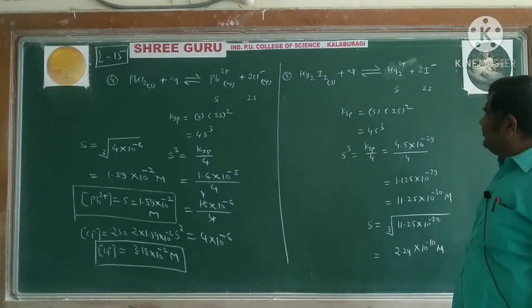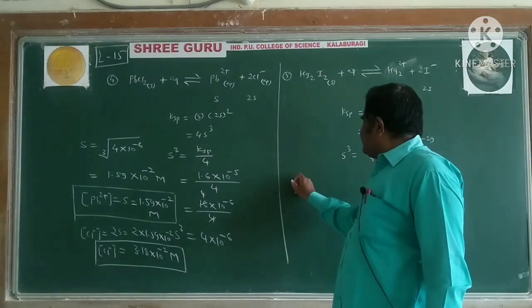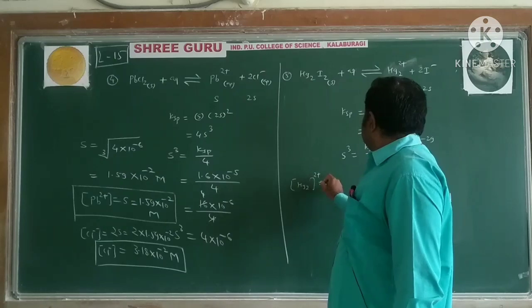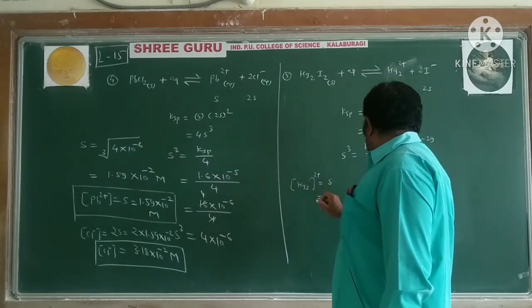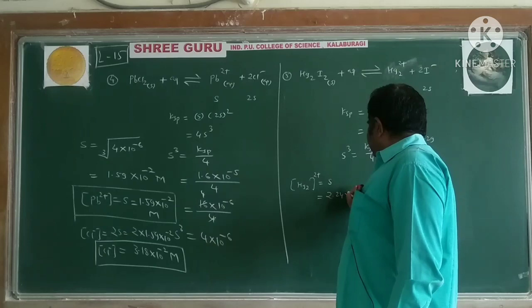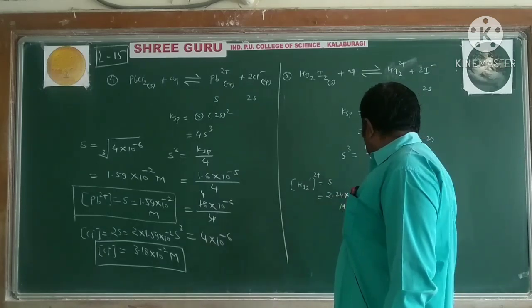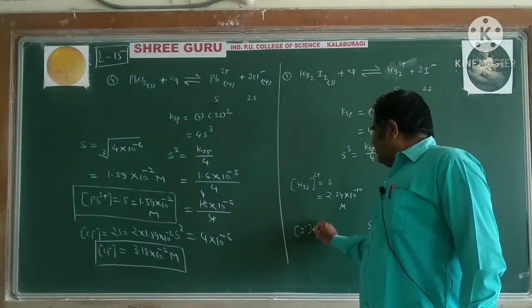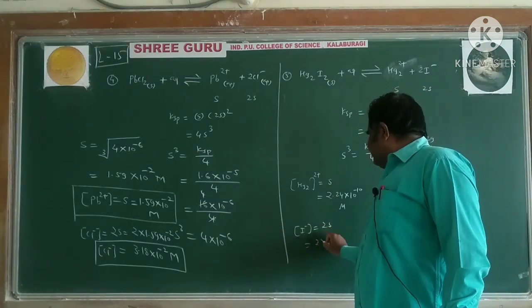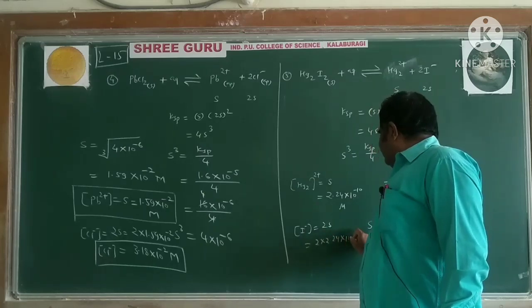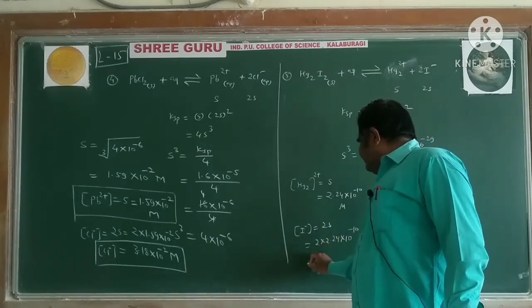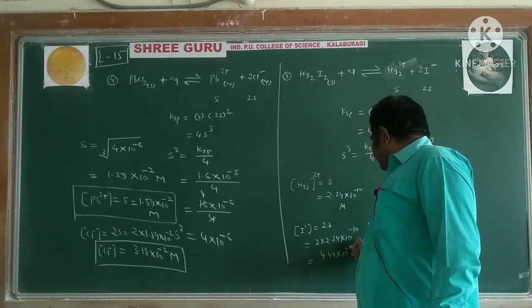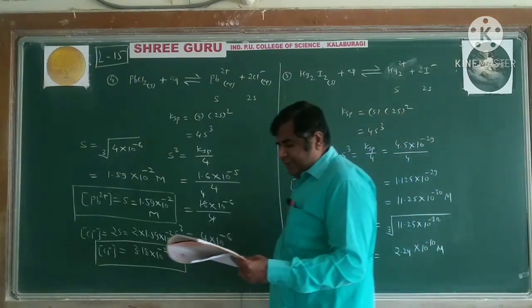So you can say the concentration of Hg2 plus 2 is equal to S, that equals 2.24 into 10 raised to minus 10 mole per liter. But the concentration of iodide ion is equal to 2S, 2 into 2.24 into 10 raised to minus 10, and that's why it is 4.48 into 10 raised to minus 10 mole per liter.